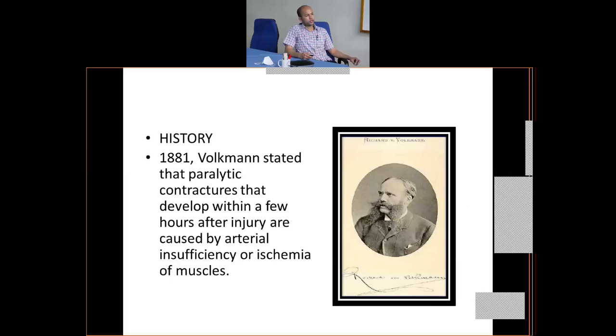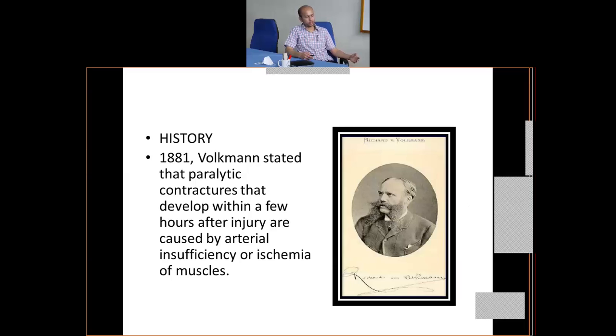Now, Volkmann stated that paralytic contractures that develop within a few hours after injury are caused by arterial insufficiency or ischemia of muscles. He just proposed a theory, but later on people came with many other things which also play a part. It is not only the arterial insufficiency.